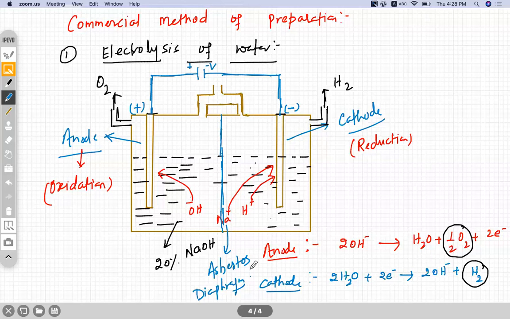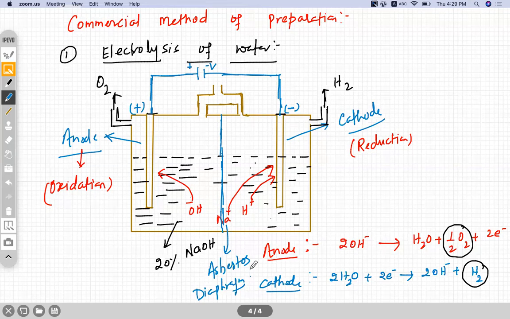After electrolysis, it depends on the number of OH minus ions, Na plus and H plus present. If an equal number of H plus and OH minus get reduced and oxidized, then the solution will be neutral only.